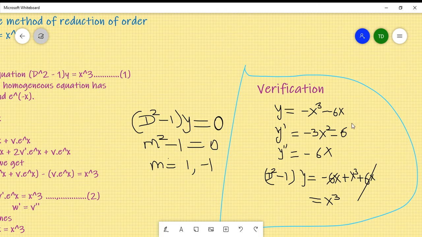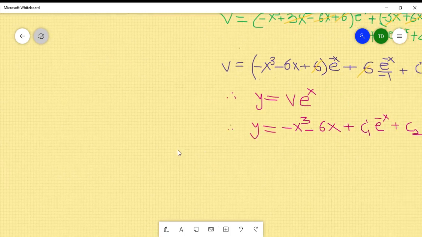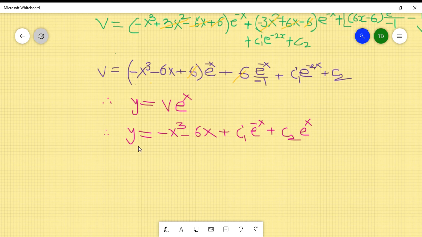Means this is the particular solution. Thus, the complete solution is y equal to minus x cube minus 6x plus arbitrary constant times e raised to minus x plus arbitrary constant times e raised to plus x. This is the complete solution. Thank you.